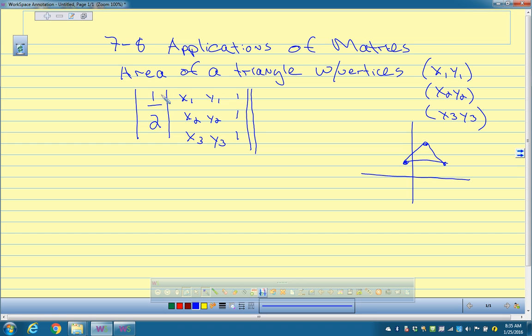So after you take 1/2 of it, you take the absolute value. It comes out of the cross product, which we'll learn more about in chapter 10.